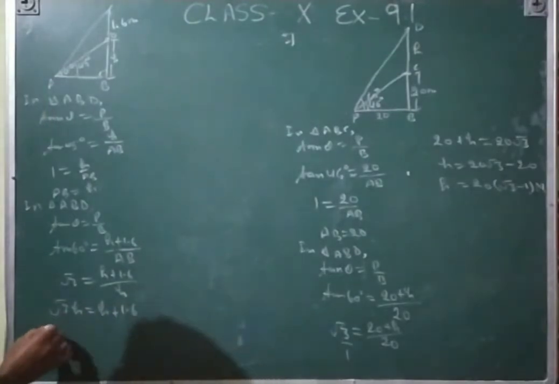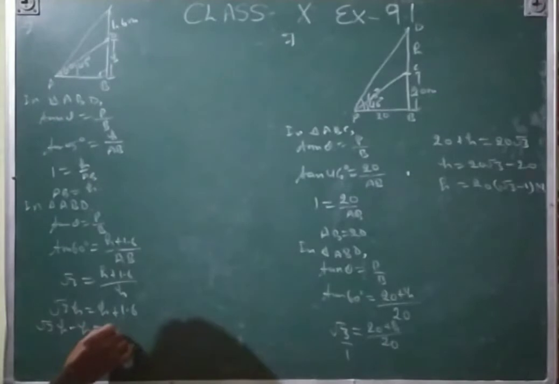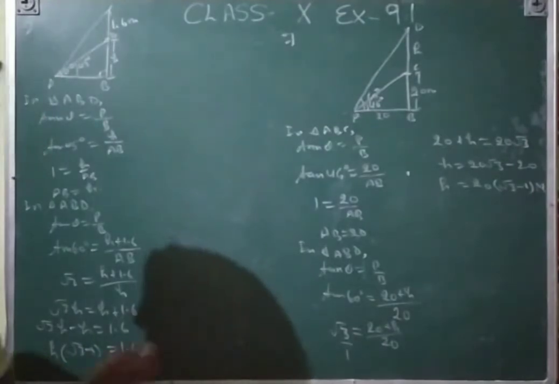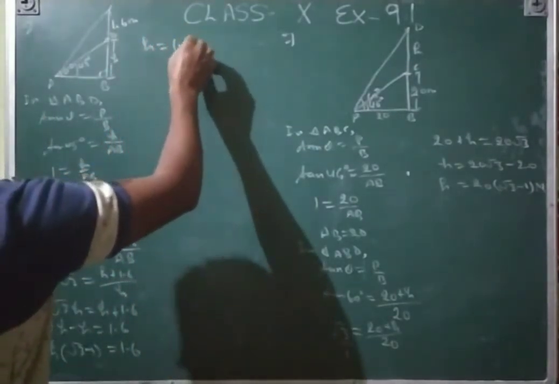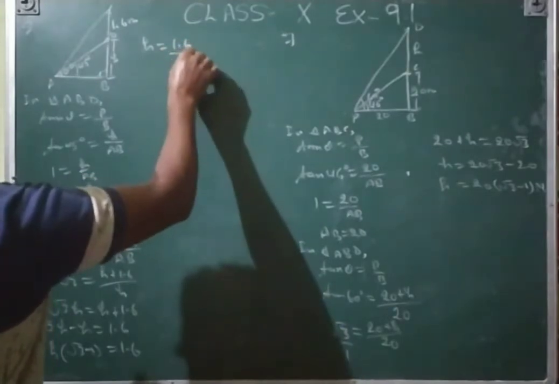So root 3 H minus H is equal to 1.6. H is common, so it will be H times (root 3 minus 1) is equal to 1.6. So H is equal to 1.6 upon (root 3 minus 1).